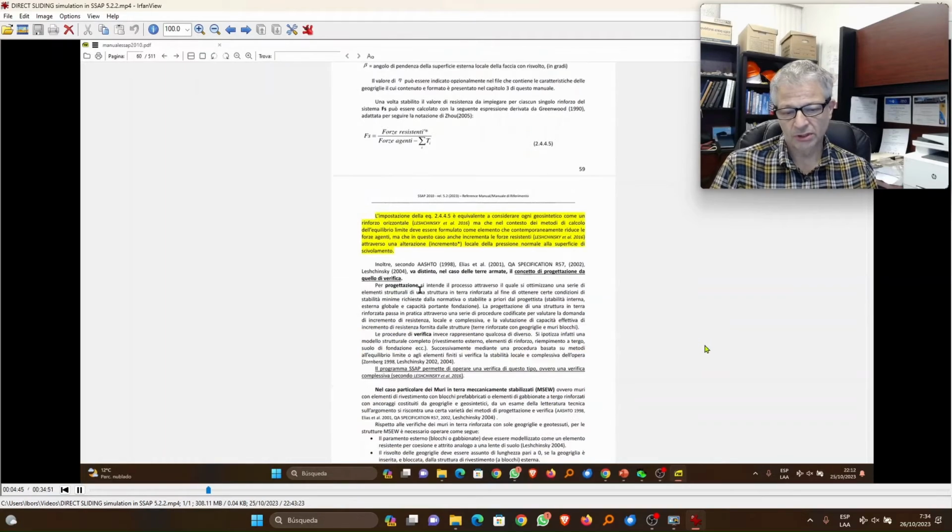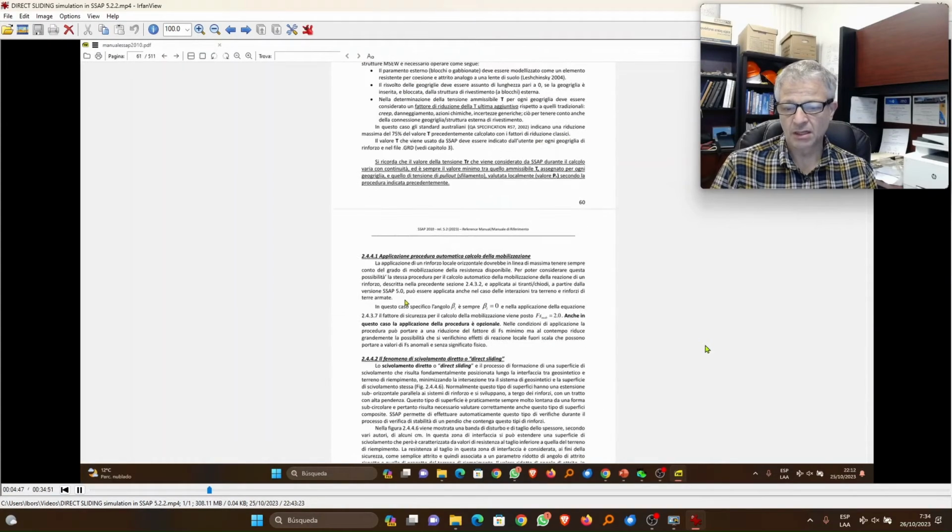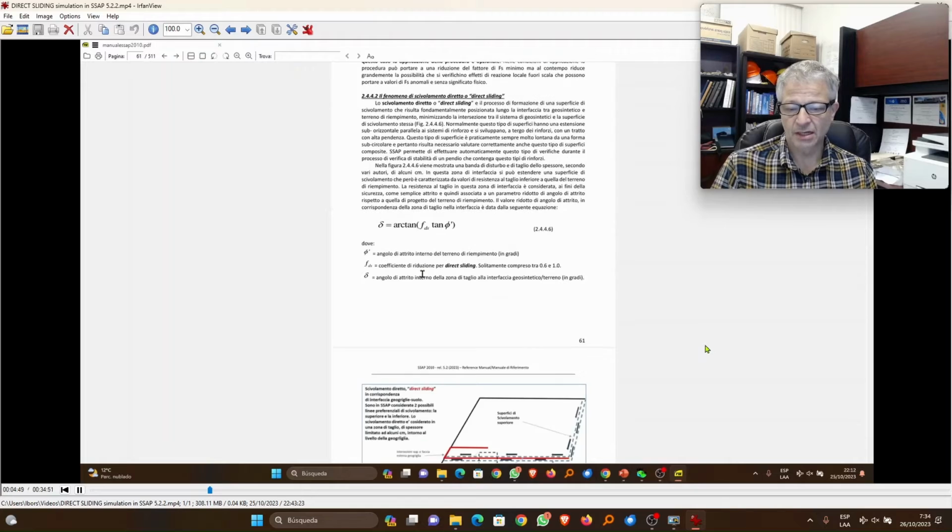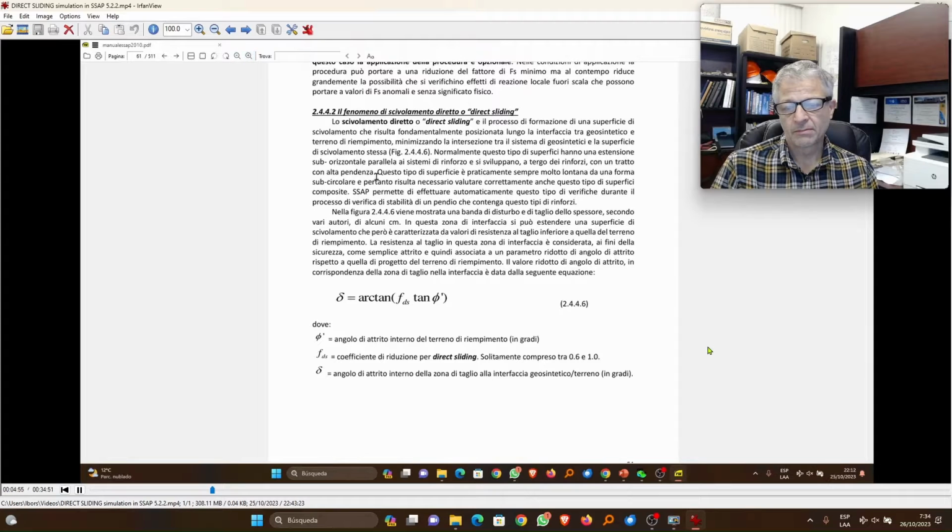one of the most important determinants for the stability is the direct sliding phenomenon. That is considered the weak interface between geosynthetic and soil.